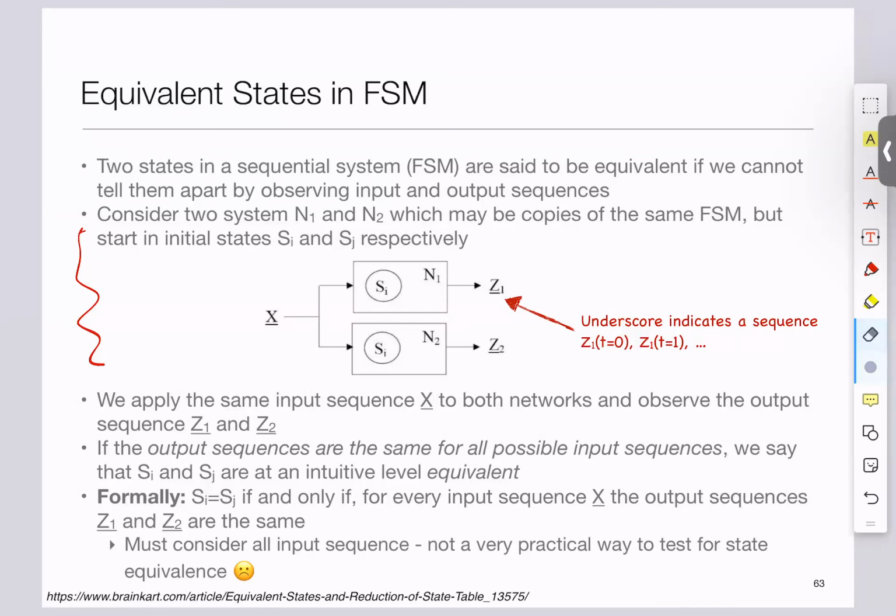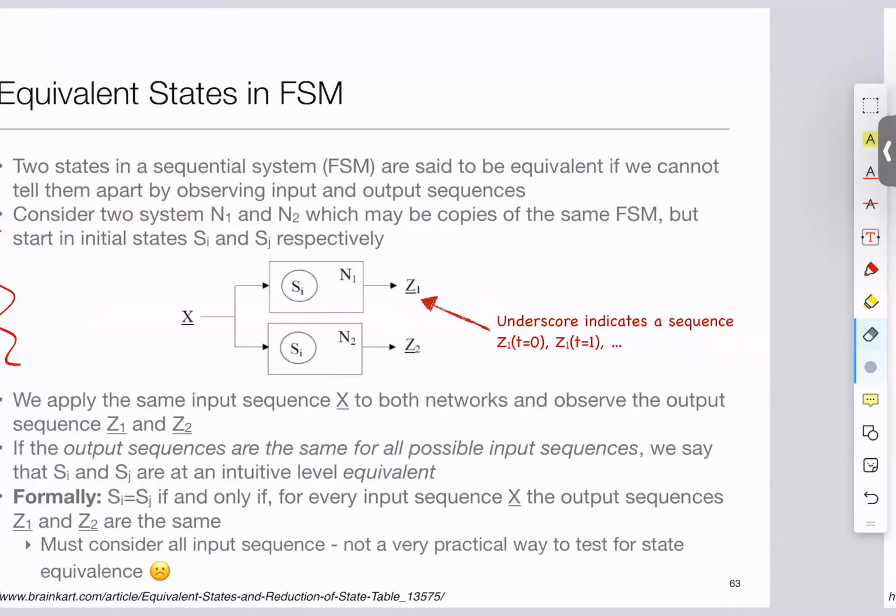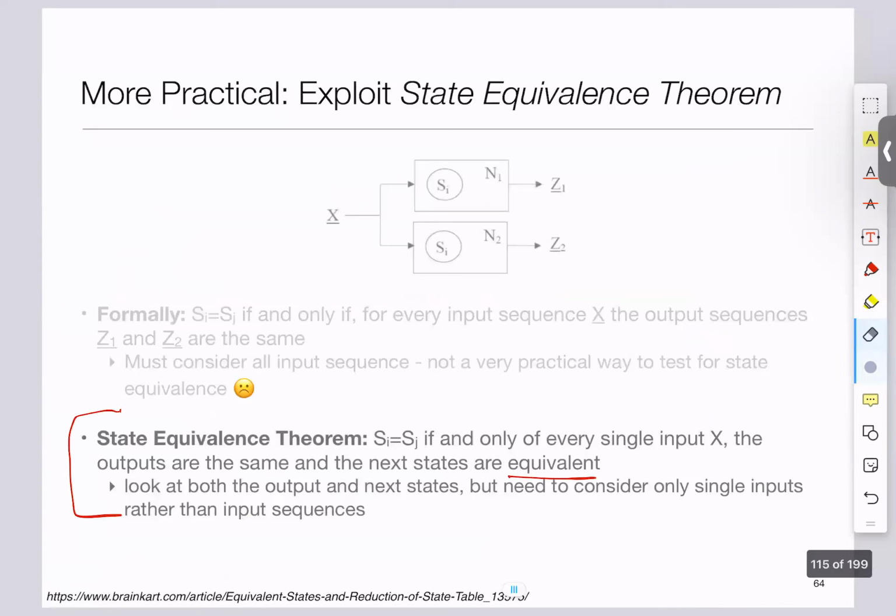So that leads to another approach, which relies on a theorem that says two states, SI and SJ, are equivalent if, and this is a recursive definition, for every possible input symbol X, both states go to a state which is either the same state or again equivalent.